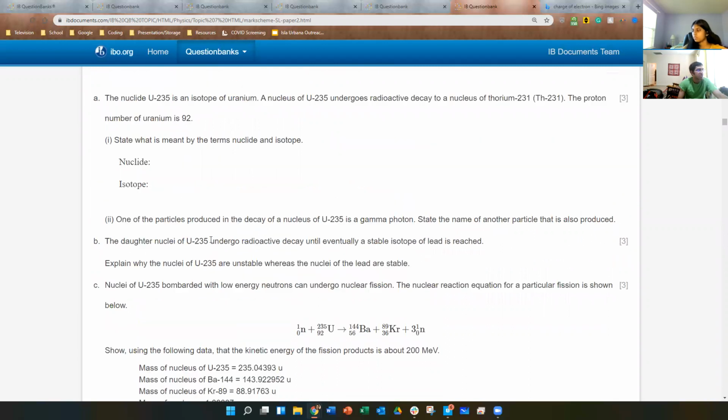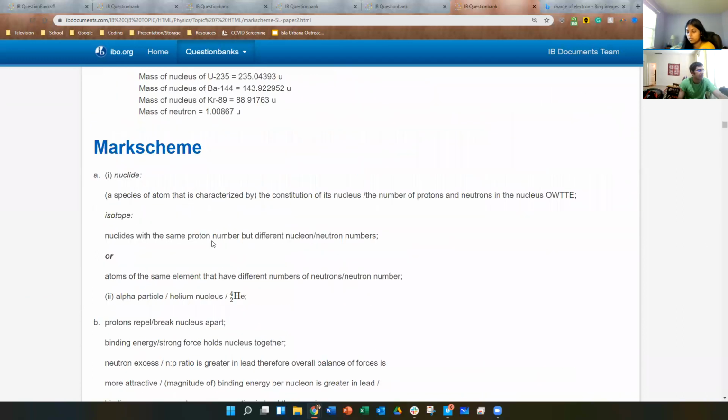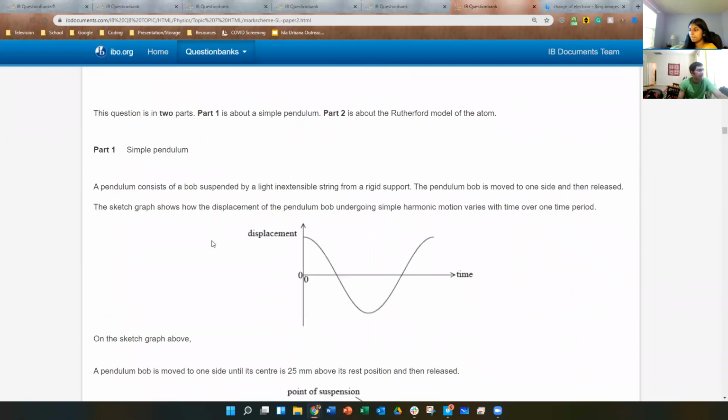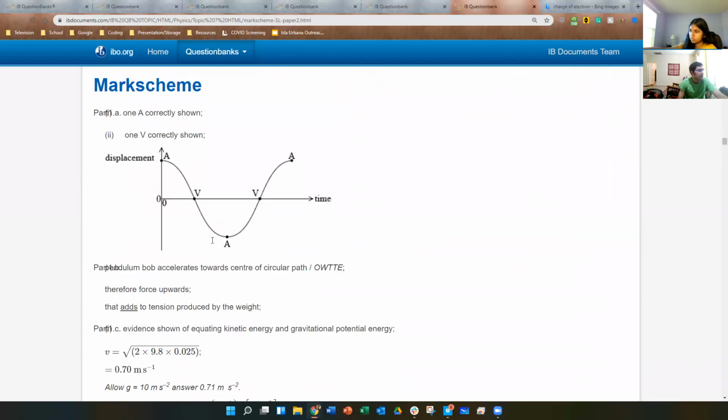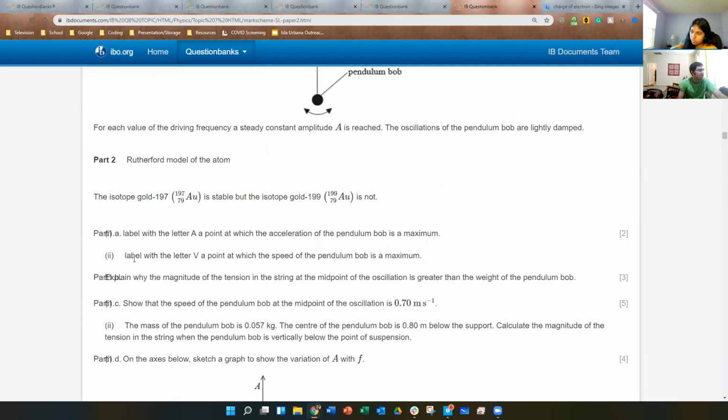We did this. This was on the quiz, right? Yeah. Why is this even? Oh, Rutherford model. Isotope is stable, but this isotope is not.